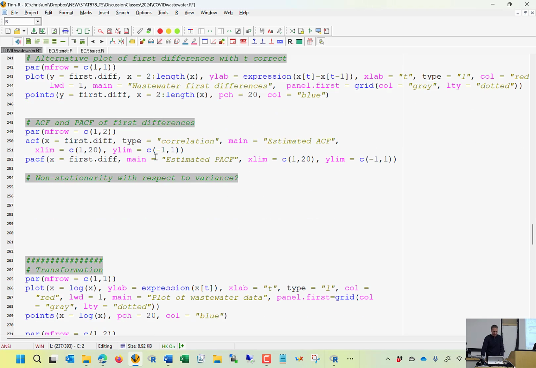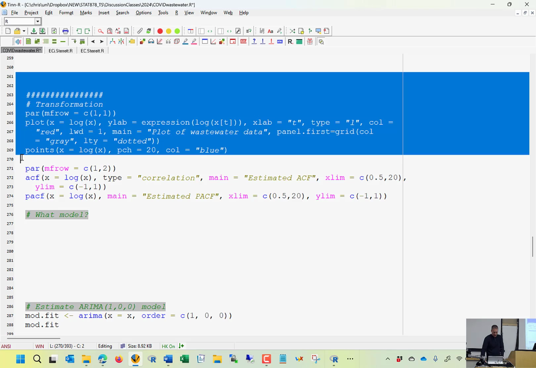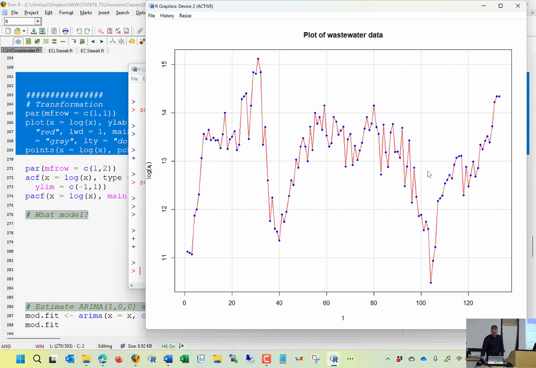Okay, so let's take a look at what happens if I did apply a transformation. We're going to do the natural log transformation there. And unfortunately, I did not label that correctly. So let's look at a plot of the data over time. And this is what we get. So some questions for you.